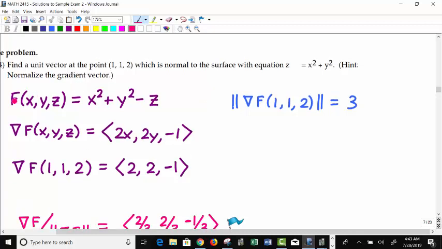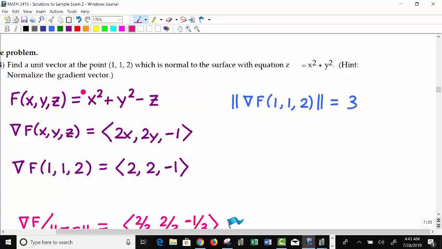Now, to put this in implicit form, capital F, it works even though this function's not implicit, but it works so much better if you make it implicit. It's easier to deal with. So I'm intentionally moving that z over to the other side, making it negative, and we're calling that big F right there. Technically, z does equal little f of x, y, which is x squared plus y squared.